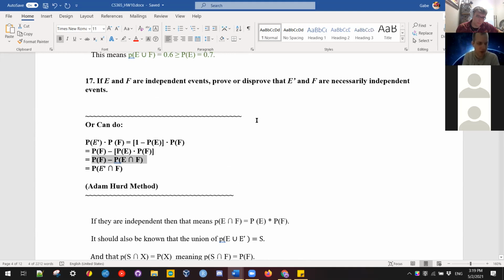Like if they're unioned together and you take out one piece of that union, then all that's left is, yeah, exactly. It's so much easier with a circle diagram.